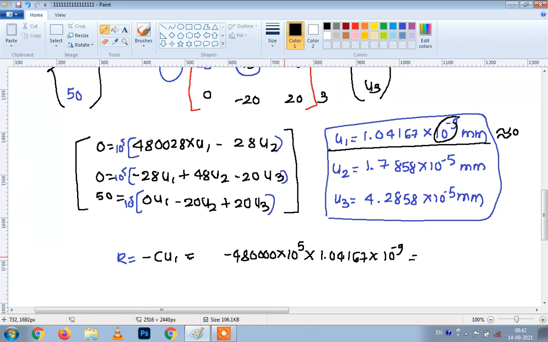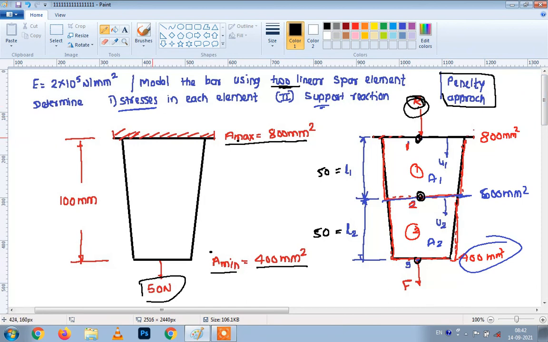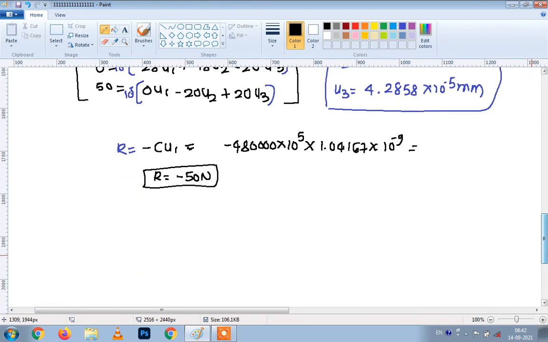So please do this calculation. The value that I am getting here is equal to minus 50 Newton. So this is a reaction force which will act at this location, as this particular node point was fixed. Whenever any node point is fixed, we will get a reaction there.